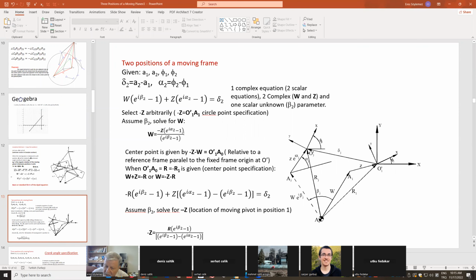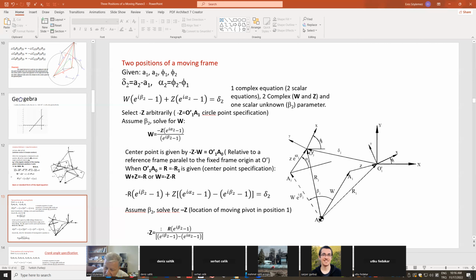Correct? Using 3 parameters, select the circle point, select beta 2, determine A0. Or if you are given the center point, that will mean you will be given O1 prime A0 minus R1, or let me call it R. R is equal to minus R1.